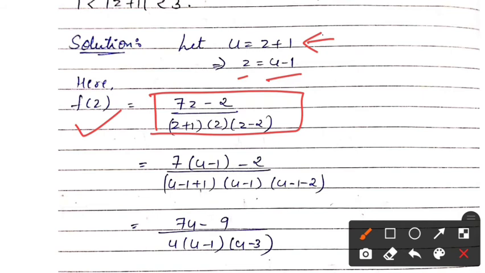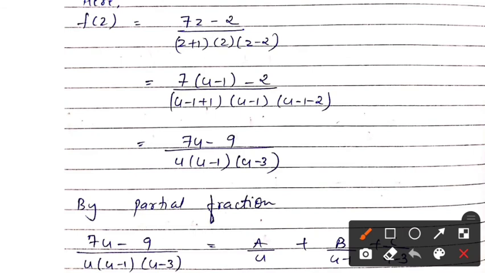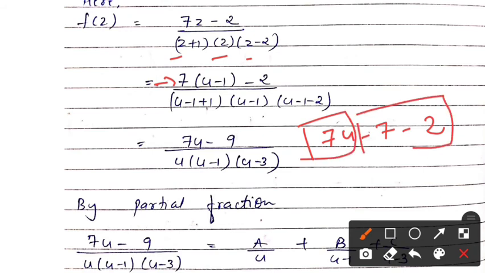So 7 into u minus 1 minus 2, right? In the same way, in the denominator portion, here I will put u minus 1 and u minus 1. If I multiply this, I get 7u minus 7 minus 2. So this will be 7u minus 9 in the numerator.